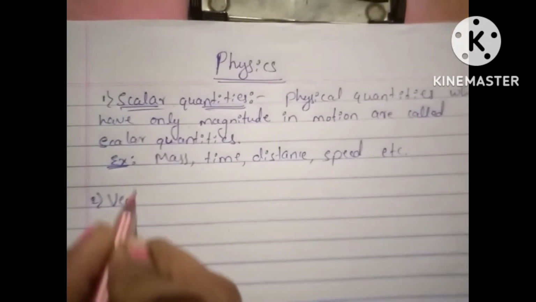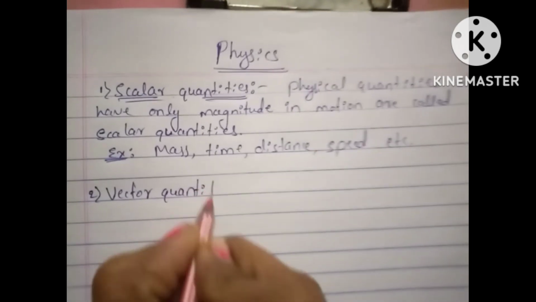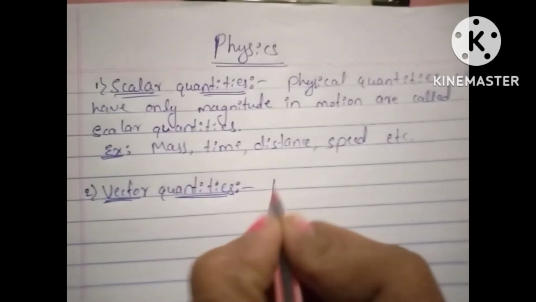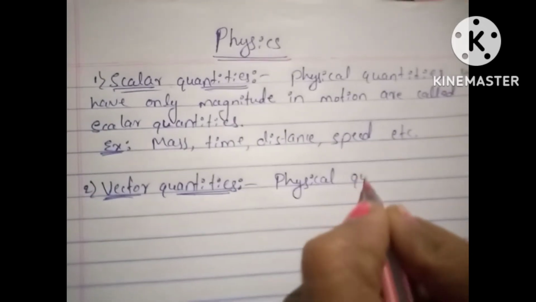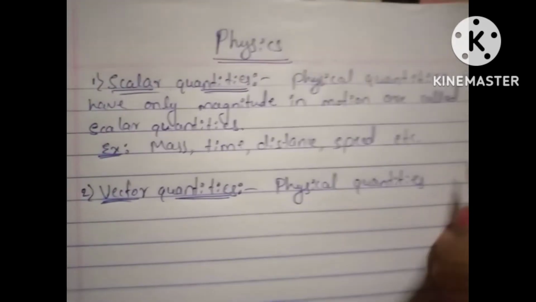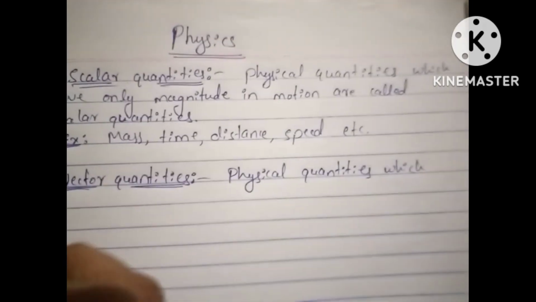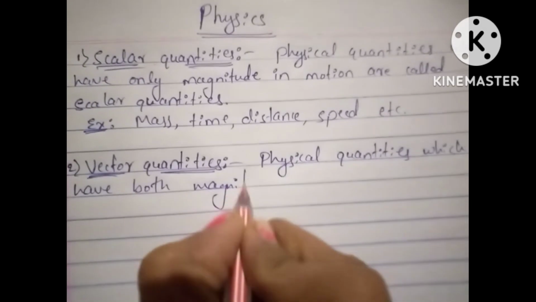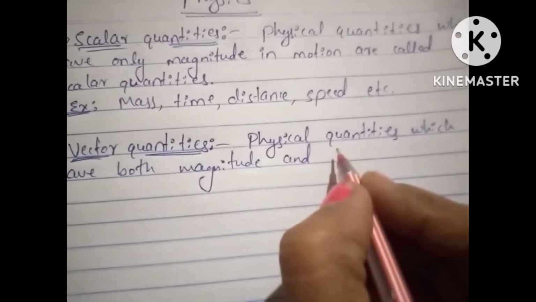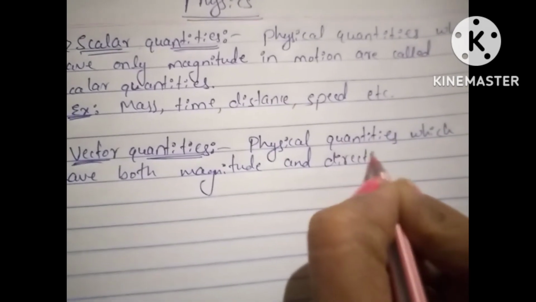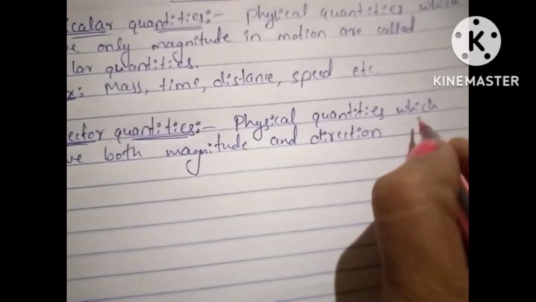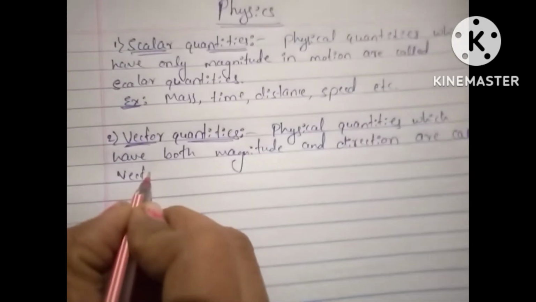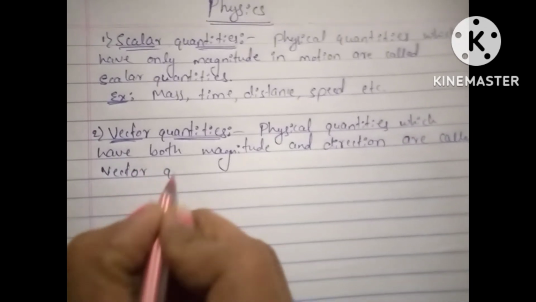Second one, vector quantities. Physical quantities which have both magnitude and direction are called vector quantities.